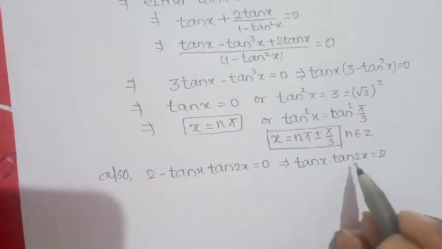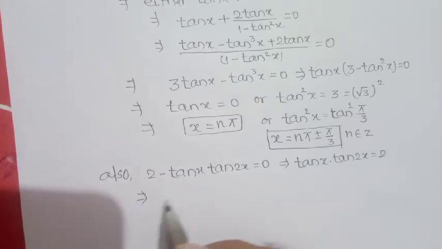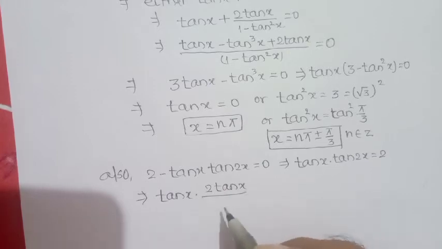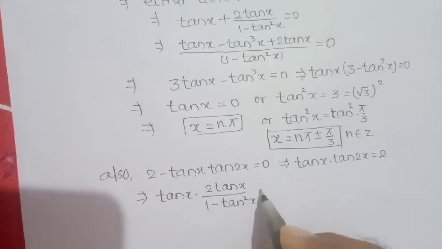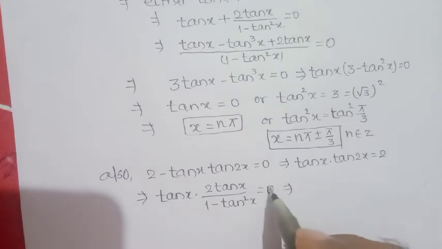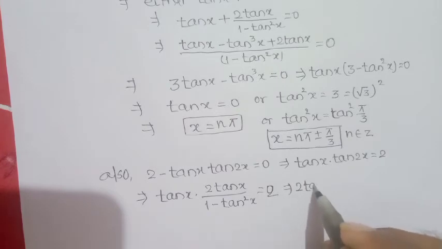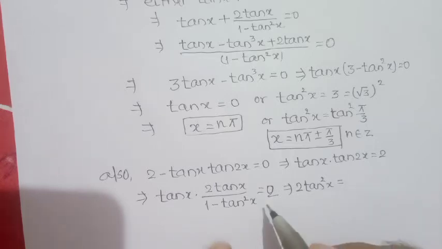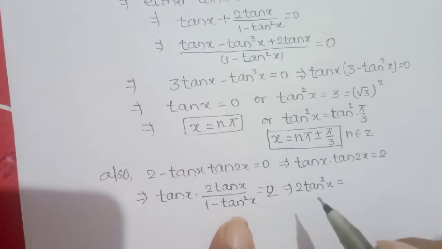Apply the formula for tan 2x here, so it should be written as tan x into 2 tan x divided by 1 minus tan square x is equal to 2. The numerator becomes 2 tan square x, and on the right side we have 2 minus 2 tan square x.